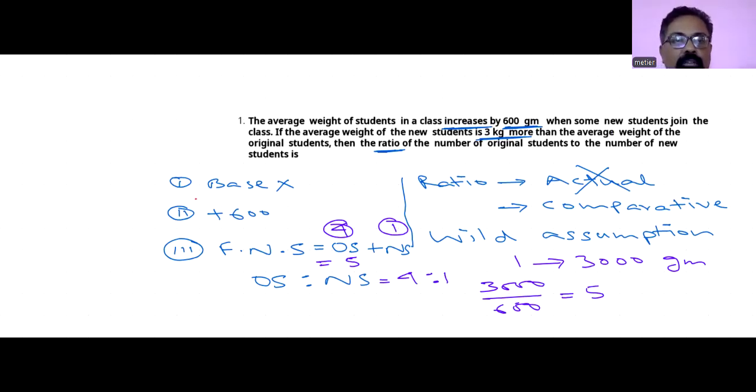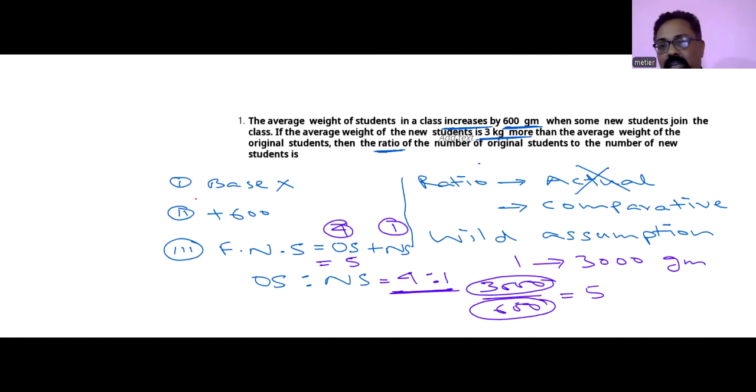So what idea we are getting here, that the ratio is 4:1, and how is it coming? We used this data only, that extra 3000 gram and average will give you extra 600. So it is coming as 5. Total number of students, final number of students 5.